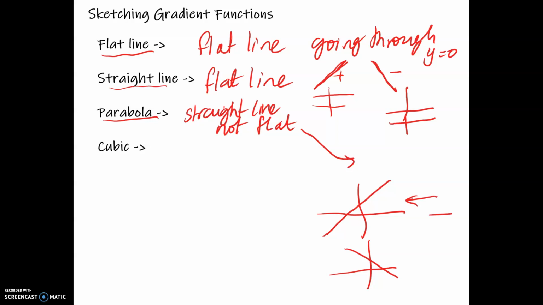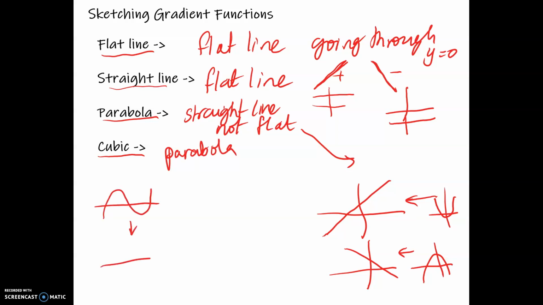If it's a positive parabola, it's going to have a positive gradient. If it's a negative parabola, it's going to have a negative gradient. Now a cubic will give you a parabola. If it's a positive cubic, you will have a positive parabola. If it's a negative cubic, you will have a negative parabola.